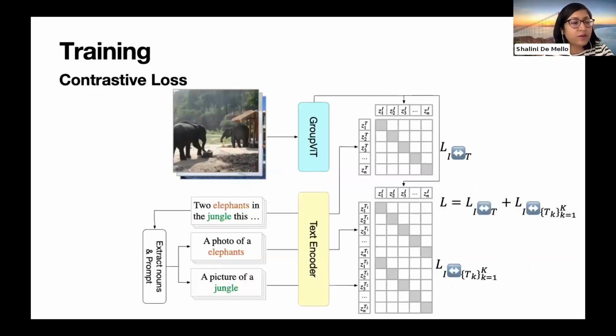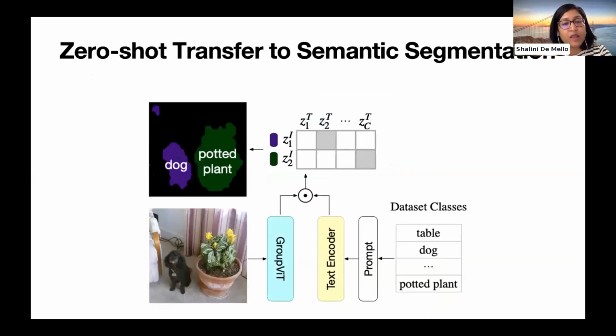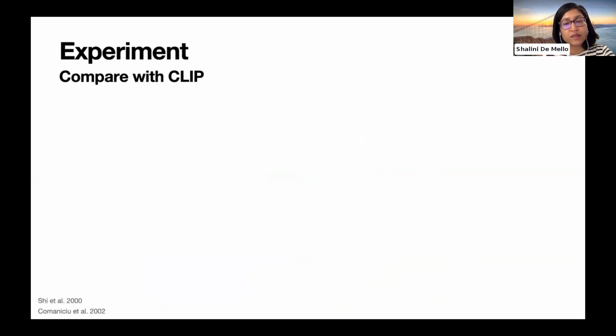In order to train GroupViT, we also proposed a special form of the contrastive loss whereby we not only contrasted with the entire sentence of the caption, but also with all the nouns present in each caption. During inference time, as I mentioned, the GroupViT backbone first produced all the segments, and then the segments were associated with the text embeddings of an open vocabulary, the segmentation vocabulary, to label the particular category of the segments.